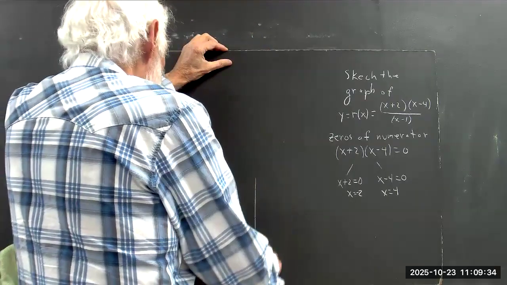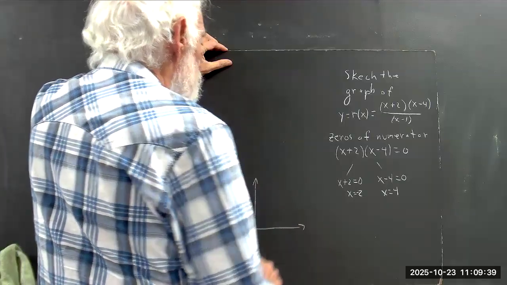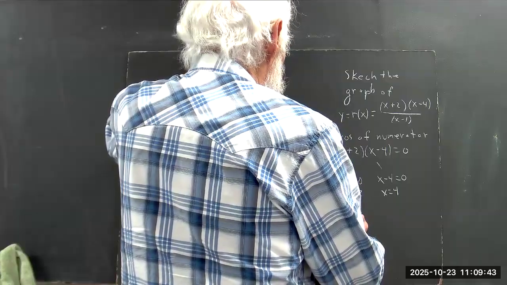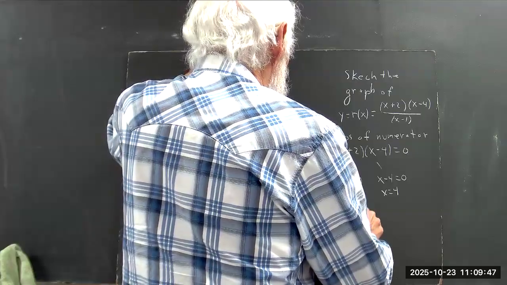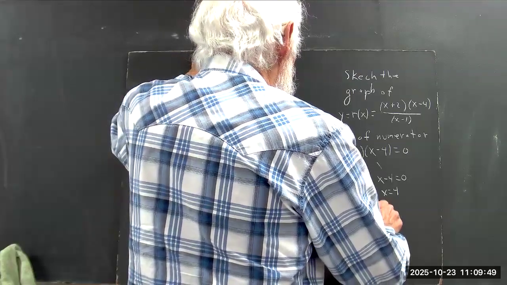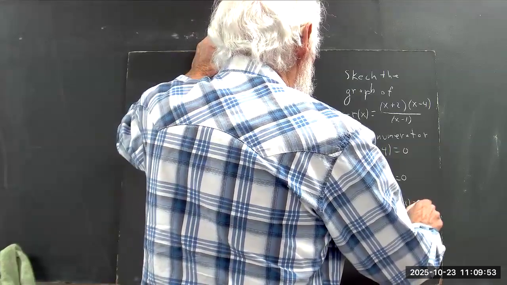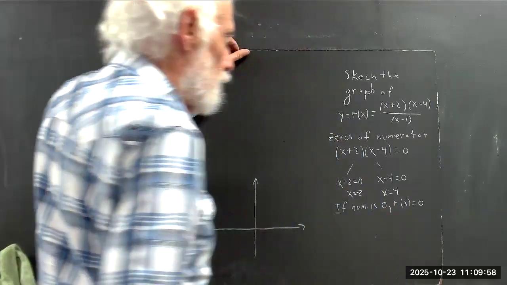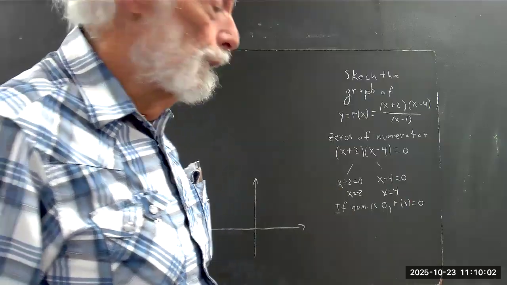On your graph, if the numerator is 0, r of x equals 0, provided the denominator isn't also 0.